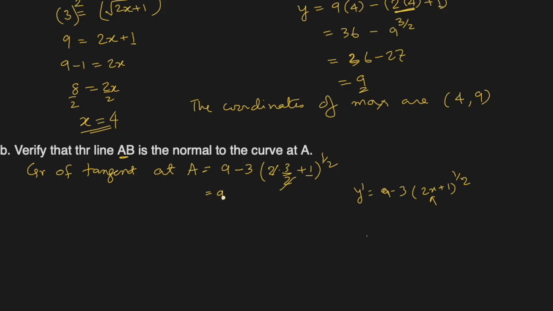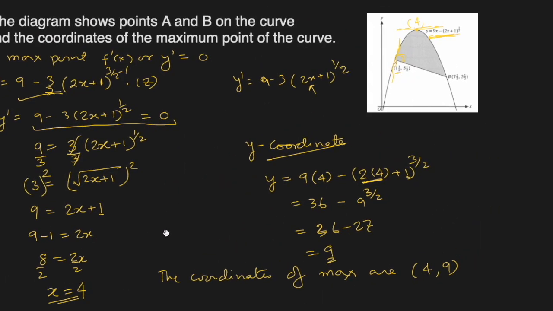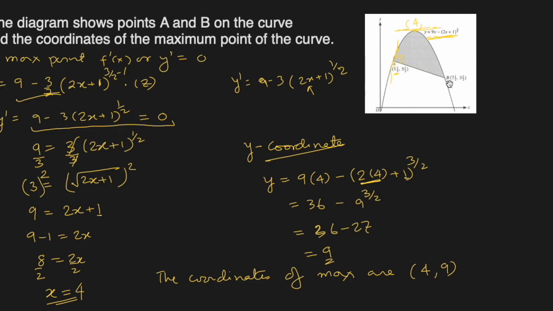So it becomes 9 minus 3 times 2, which is 9 minus 6 equals 3. Now the gradient of the normal at A will be the negative reciprocal of 3, which is minus 1 over 3. So if the gradient of the line AB is negative 1 over 3, that becomes a normal.